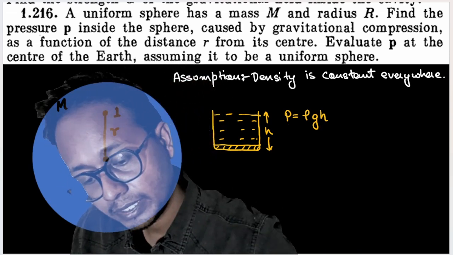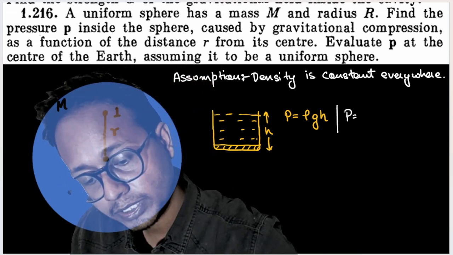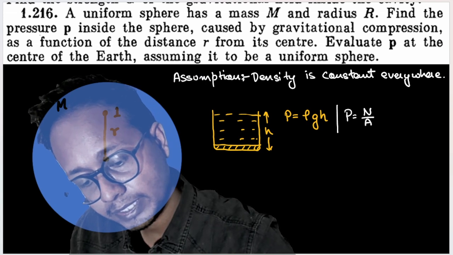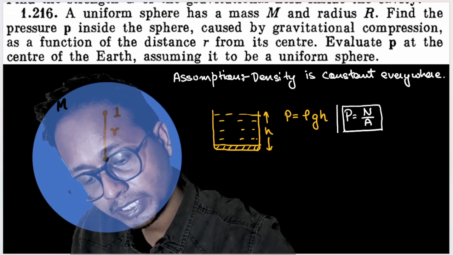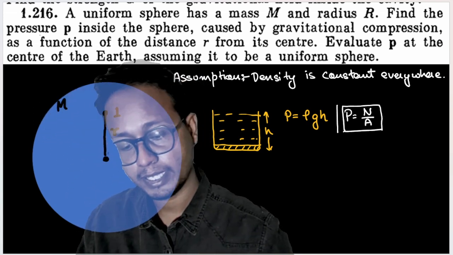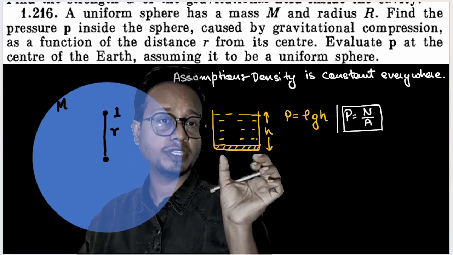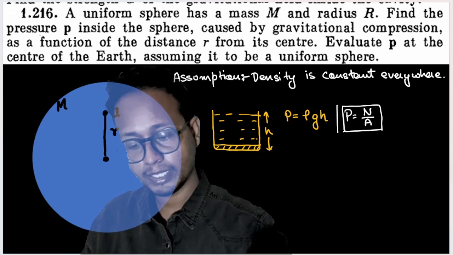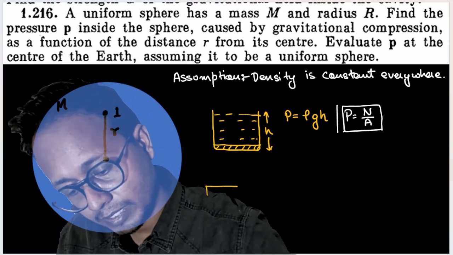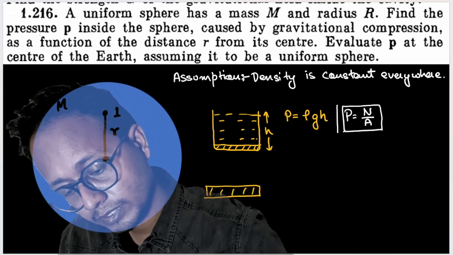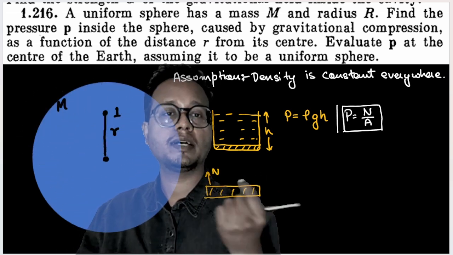Pressure is nothing but normal reaction force divided by area, isn't it? So pressure out here is nothing but the normal reaction force on this plate divided by the cross-sectional area of the plate.